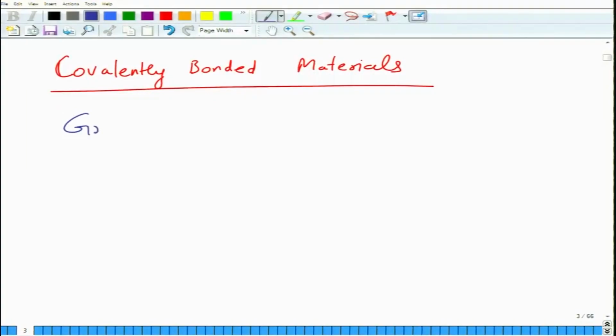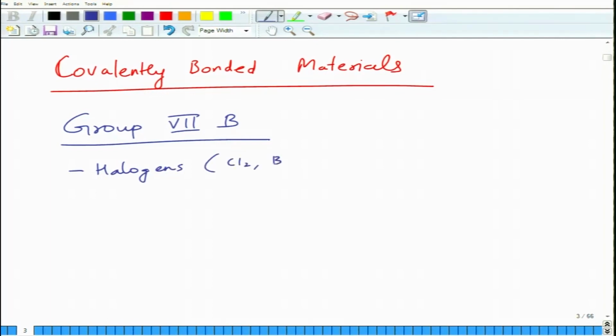For example, you take group 7b. So 7b will mean basically halogens, right? So your Cl2, Br2, F2, I2 in solid state are covalently bonded and they make a particular crystal structure which is based on covalent bonding.